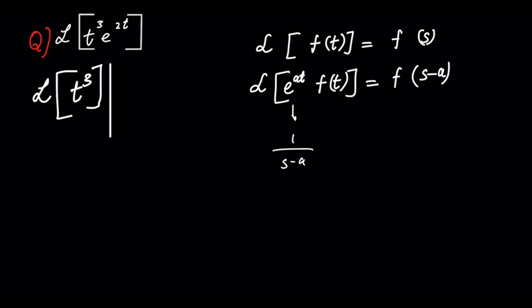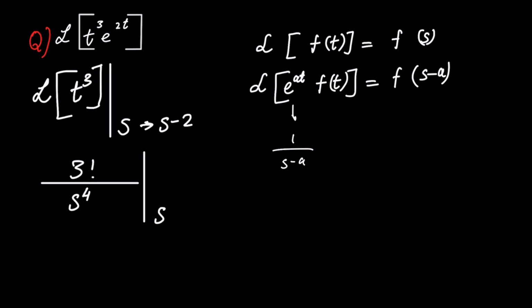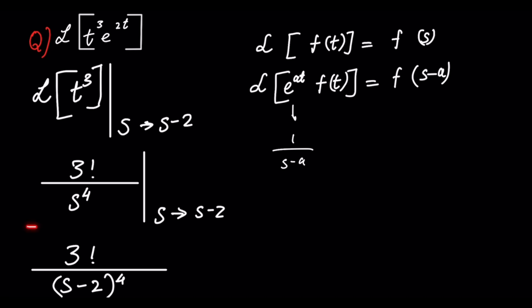Now here you can see that we have replaced s with s minus 2, meaning that after we take the Laplace transformation of t cubed, we will be replacing every value of s with s minus 2. So let's do that. Finally carrying out this step. This is our final answer.